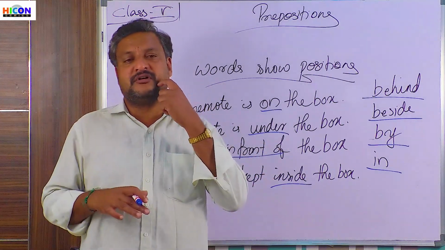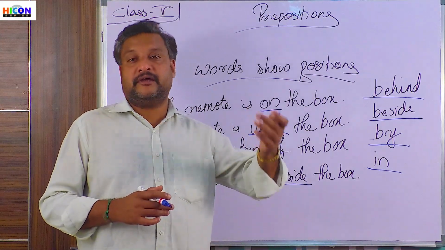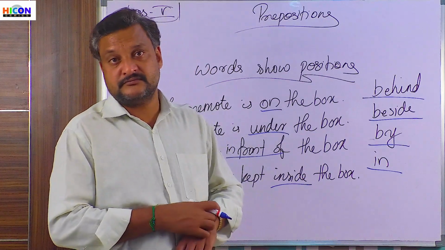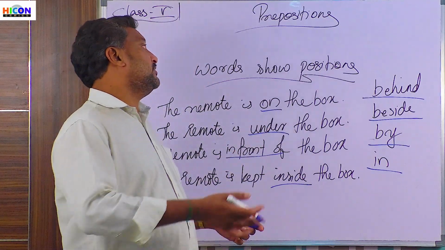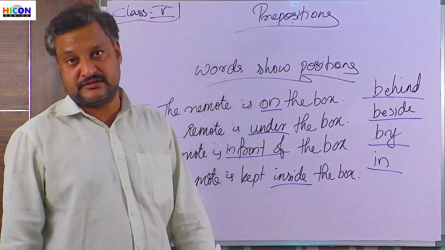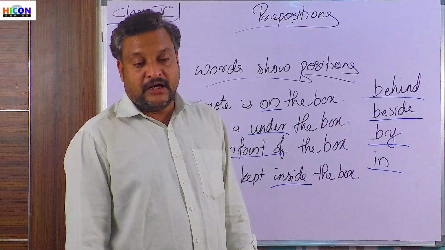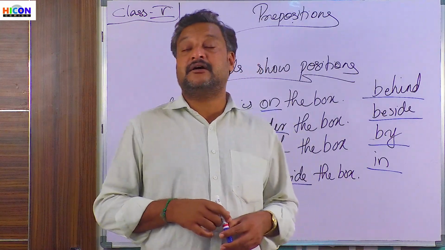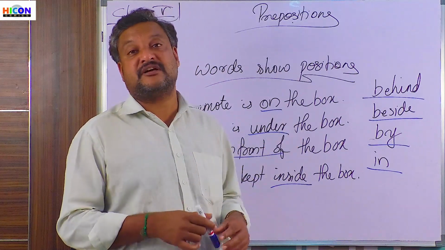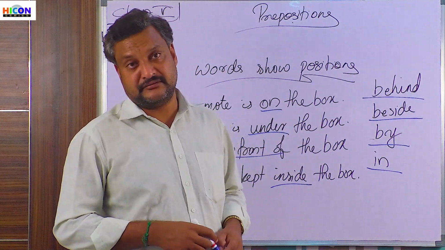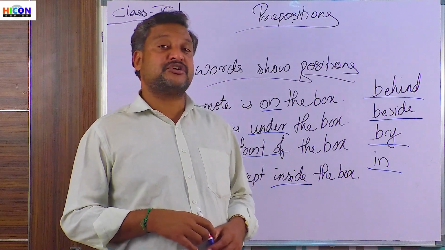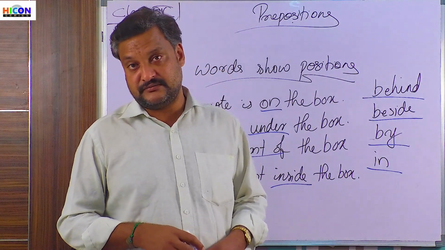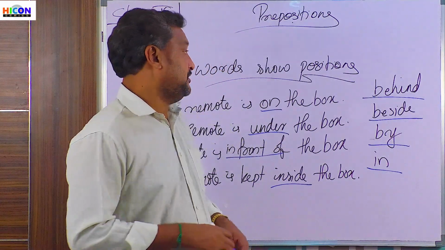All these kinds of words are used for showing the position of one thing related to another. These kinds of words are called prepositions. A preposition is a word that indicates the position of something in relation with another thing.